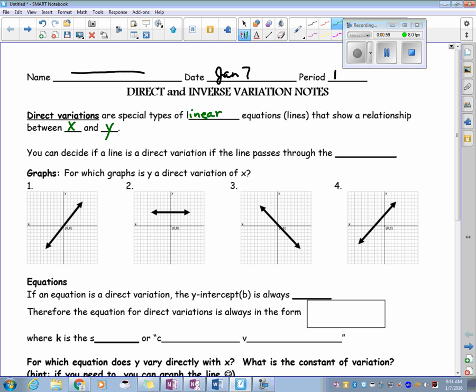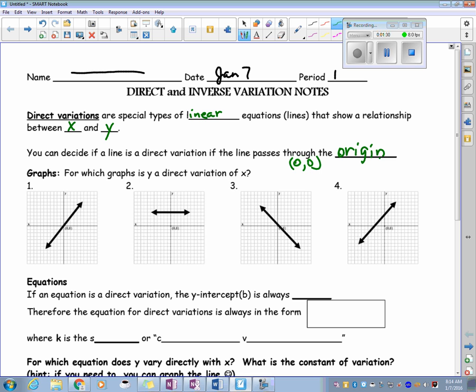You can decide if a line is a direct variation if it passes through the origin. If a line does not pass through the origin, it cannot be a direct variation. What is the origin? (0, 0) is the origin. If you need to make a note of that, this would be a good place to do that.